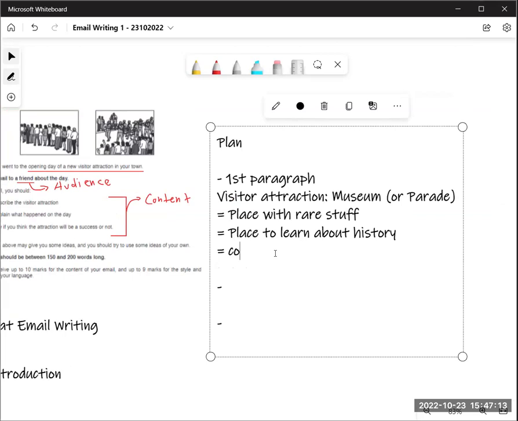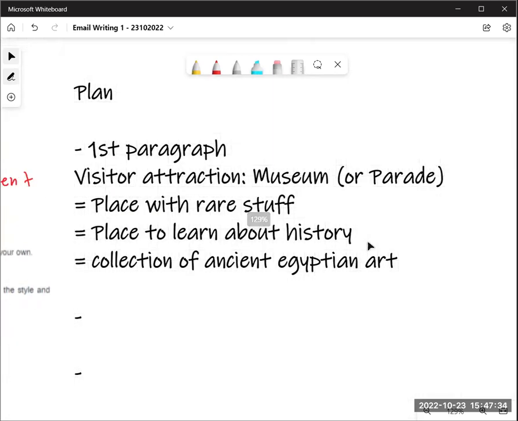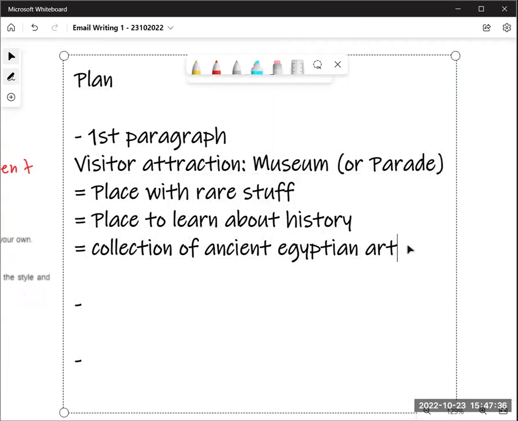Collection of ancient Egyptian tools, perhaps. Let's say art, science related and artistic paints. We can say that. Egyptian art and tools. Let's say that.